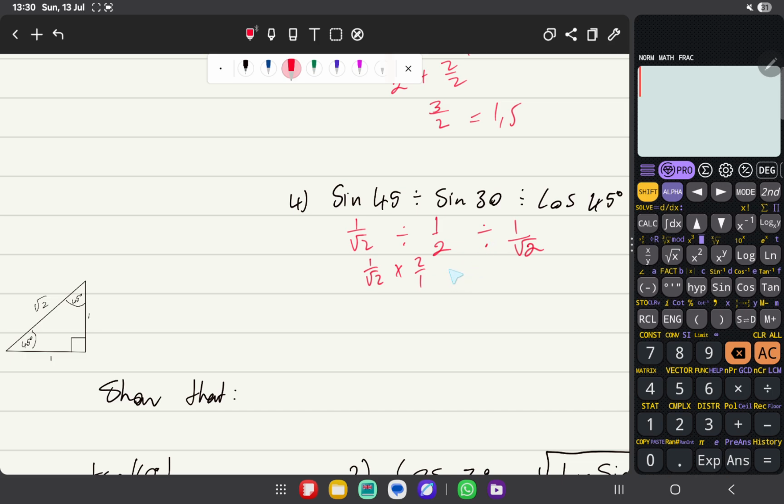This sign is also going to change actually, because here we multiply, then we change this one later on, so I might as well just change it. Square root of 2 over 1. Then here, this is going to divide this. So I basically have 2 here. Let's see with the calculator just to affirm that we're doing the right things.